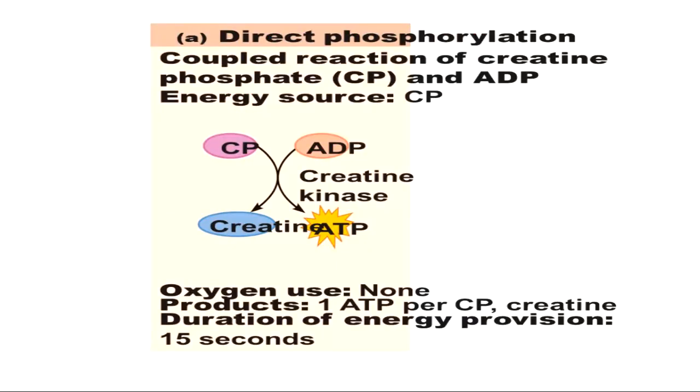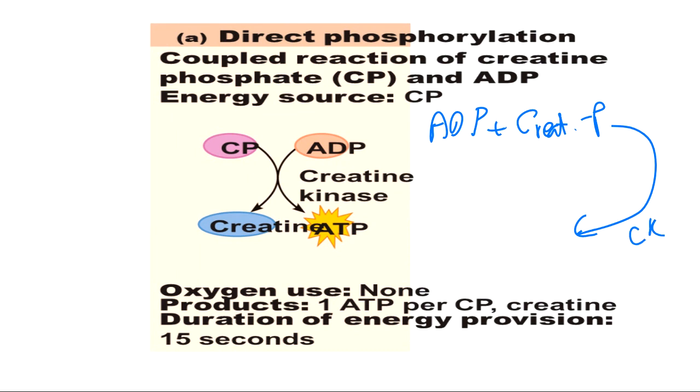So, ADP plus creatine phosphate, an enzyme called creatine kinase or CK, sometimes also called creatine phosphokinase, is going to take the phosphate from creatine and transfer it and give it to ADP, adenine diphosphate. In the process, ADP acquires one more phosphate and it becomes ATP, adenine triphosphate, and this is the energy molecule.